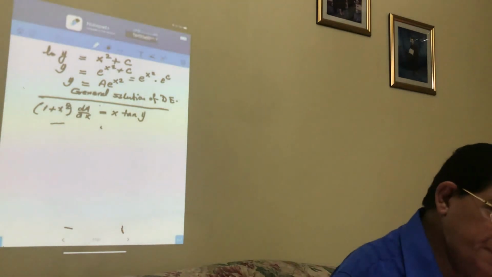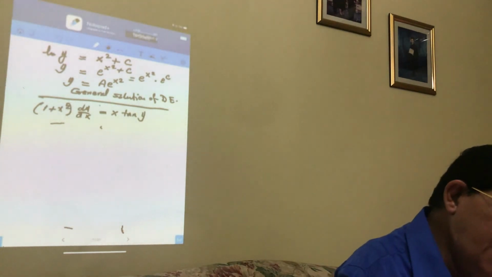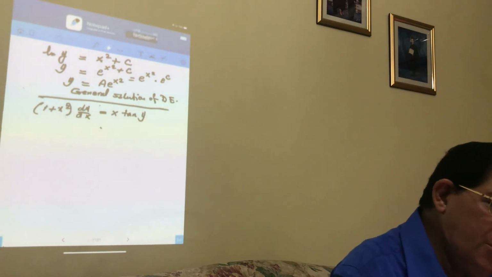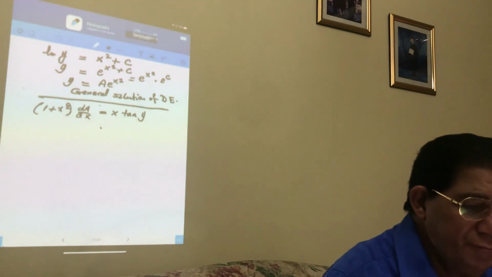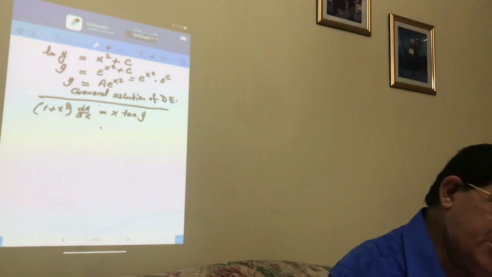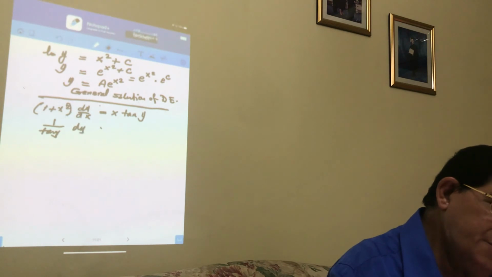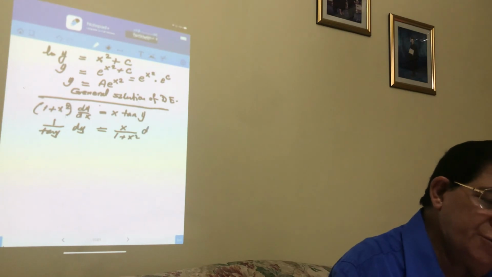Now, here again we have a differential equation. It contains differentiation. We said the first step is to separate the variables. Therefore, we get 1 over tan y dy equals x over 1 plus x squared dx.